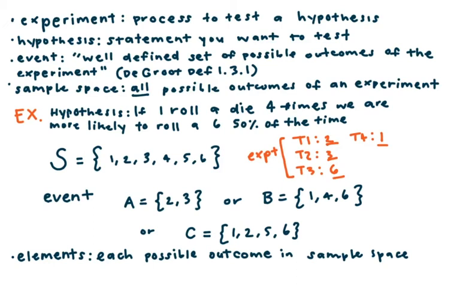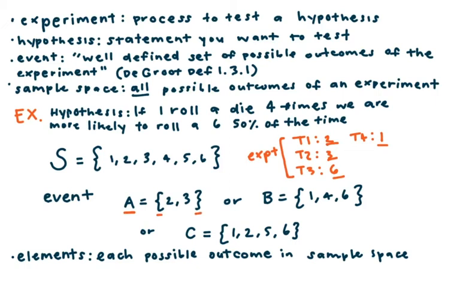Okay. And then we're going to look at events. So events are possible outcomes of the experiment. So if we look at here, it says A equals {2, 3}. We denote events with a capital letter, and then we put the outcomes in curly brackets like this.